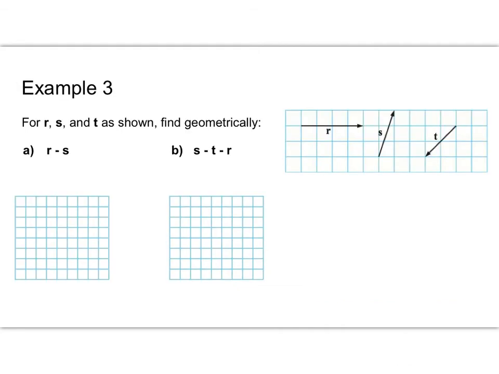Okay, I have a few more examples to show you. I'm going to do r minus s right here. So that's going to be r plus negative s. r is a due east vector. 1, 2, 3, 4. I have to go over 4 units. And then s points up like this, but we're going to reverse the direction and turn it around.